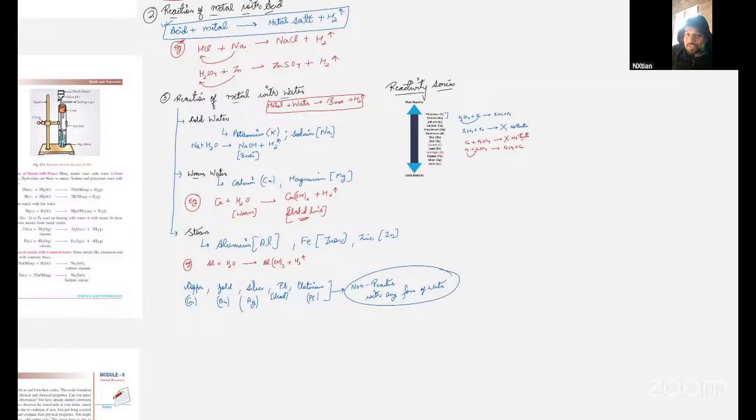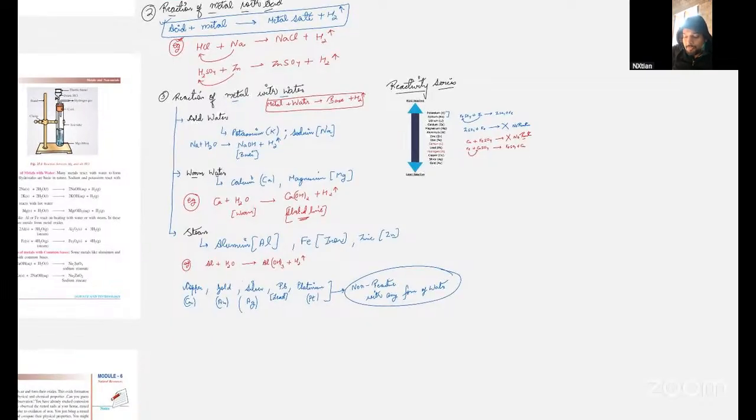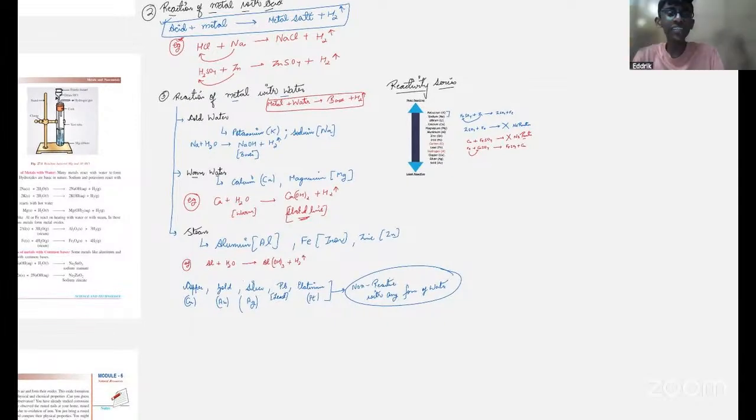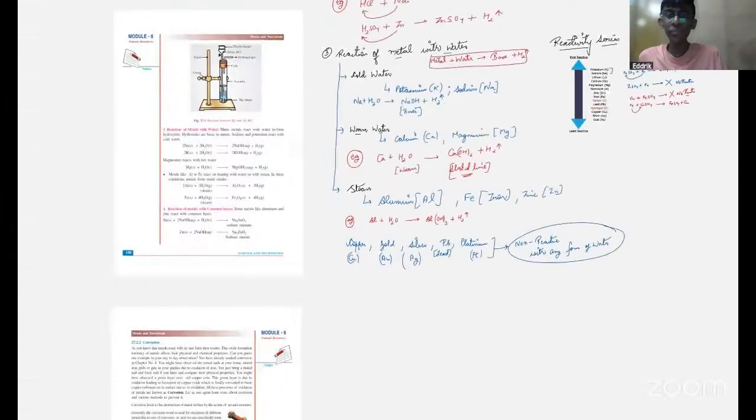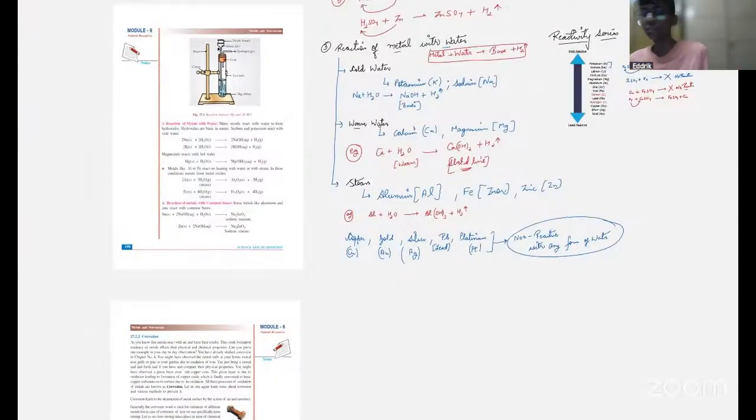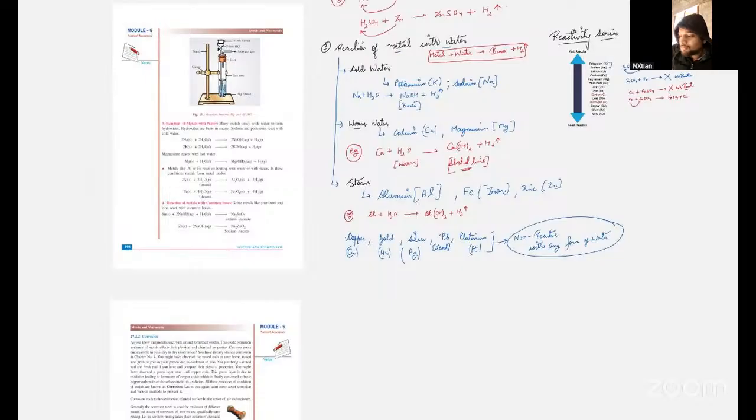In cold water we have potassium and sodium. Lithium will also come in cold water. In warm water we have calcium and magnesium, and beryllium will come in warm water. In steam we have aluminium, iron, and zinc. So they will react like this.